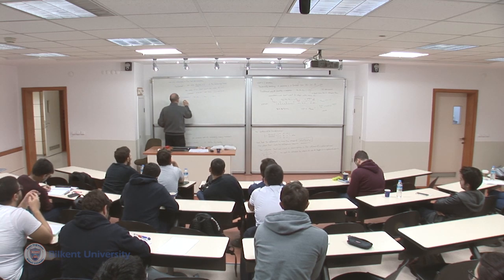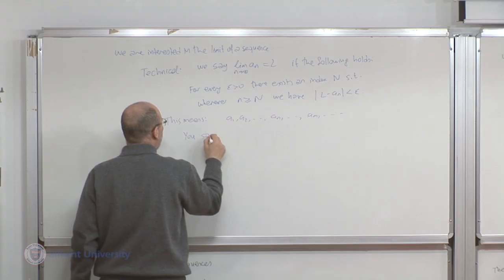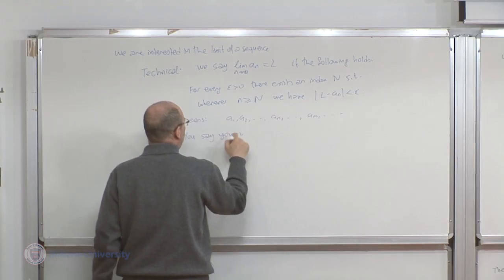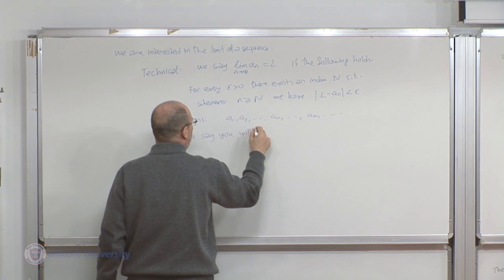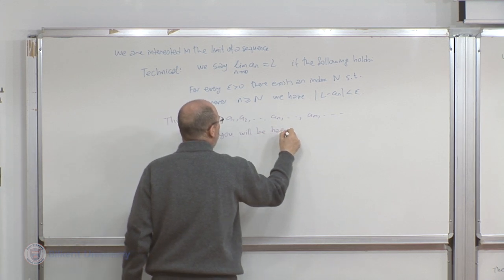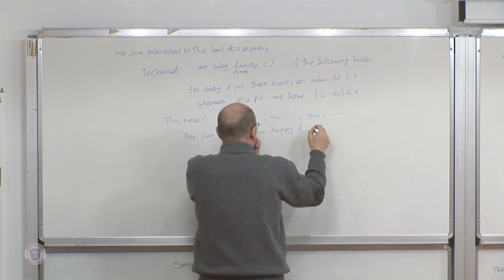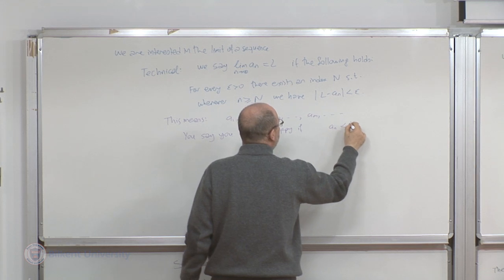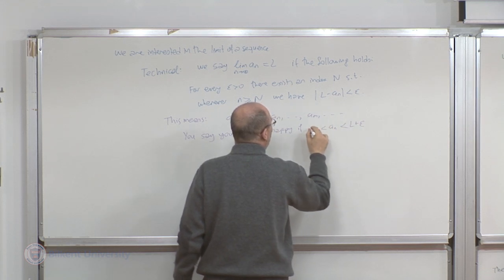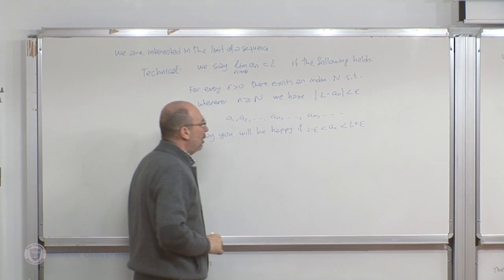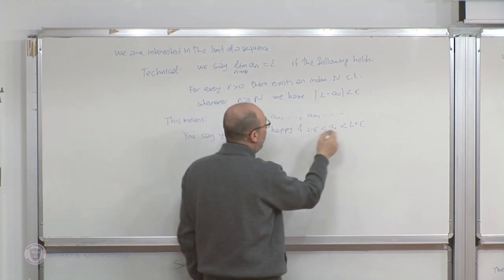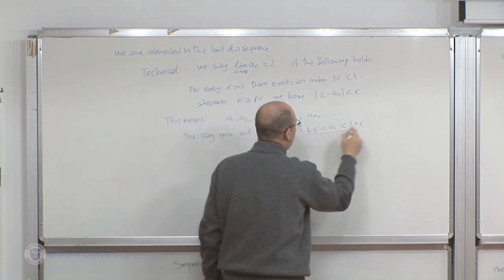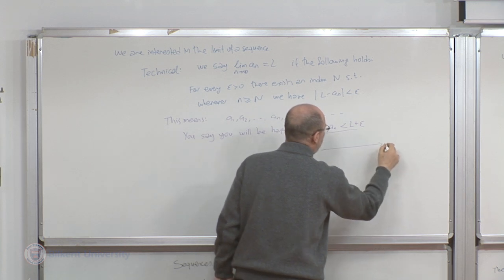So you say you will be happy if each an lies in an epsilon neighborhood of L. So this is on the real line.